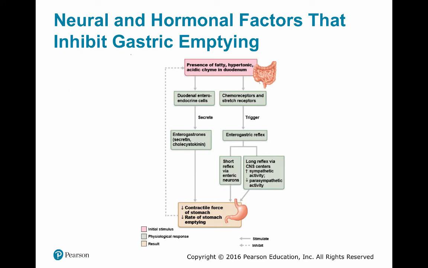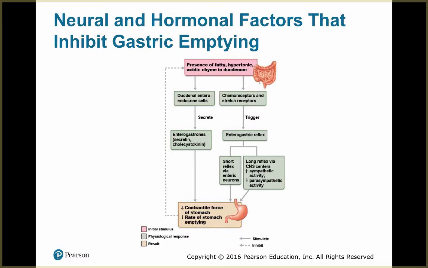So on this emptying factor, the neural and hormonal factors that inhibit gastric emptying: any presence of chyme that's fatty, hypertonic, or acidic is going to be picked up by the chemoreceptors and the stretch receptors, and also the duodenal enteroendocrine cells.